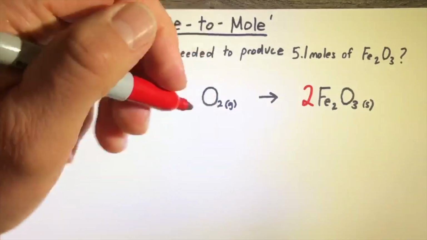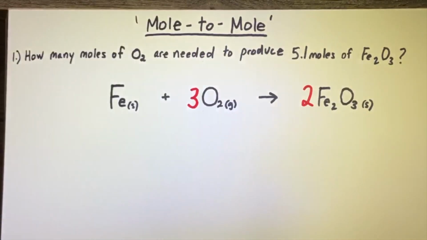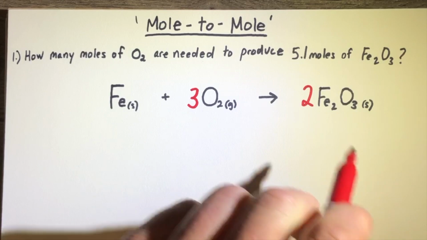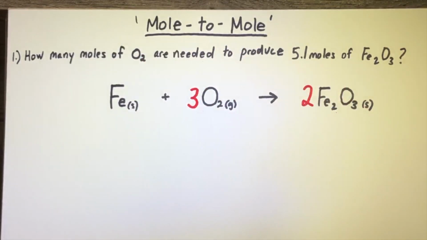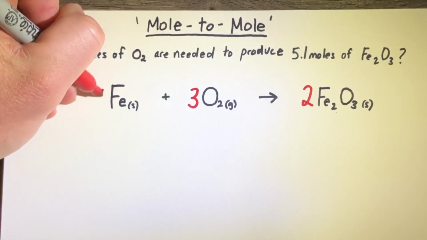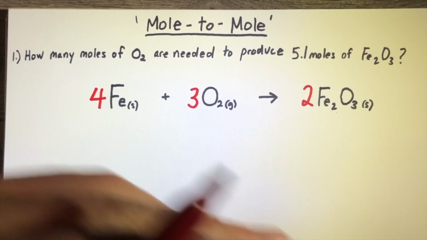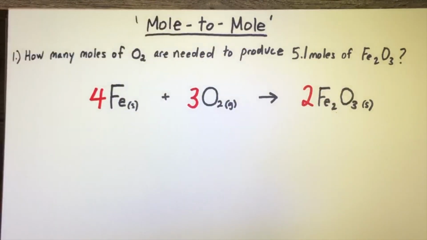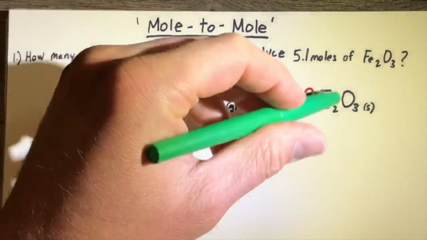So to get 6 oxygens over here, we put a 3, because 3 times 2 is 6. Oxygens are balanced, sweet. Irons, well, 2 times 2 is 4, so there's 4 irons on our product side. So let's just put a 4 here. 4 irons, so it's balanced. I like to call this the old 4-3-2. Booyah!